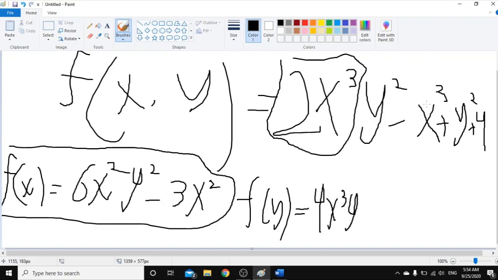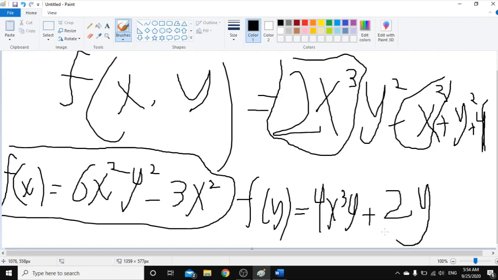Why? Because x is constant with respect to y right now. We're not dealing with x, we're dealing with y. So when you see a variable alone, it must be 0. It's the same as a number. So here is 0 and here is 0. So what's left here? We have y squared plus 4x cubed y. That's it.